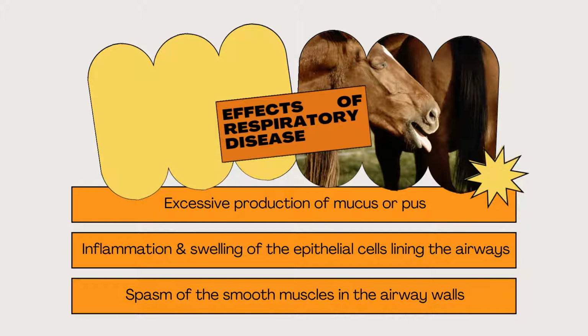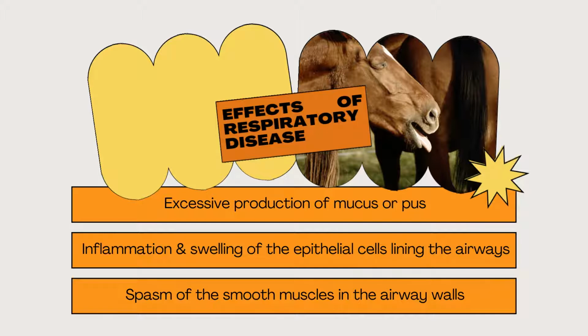More effort is needed to draw the same volume of air through the narrowed tubes, and gas exchange is less efficient. The smallest airways may become completely blocked. Prompt treatment is required to prevent permanent damage occurring to the delicate lung tissues.